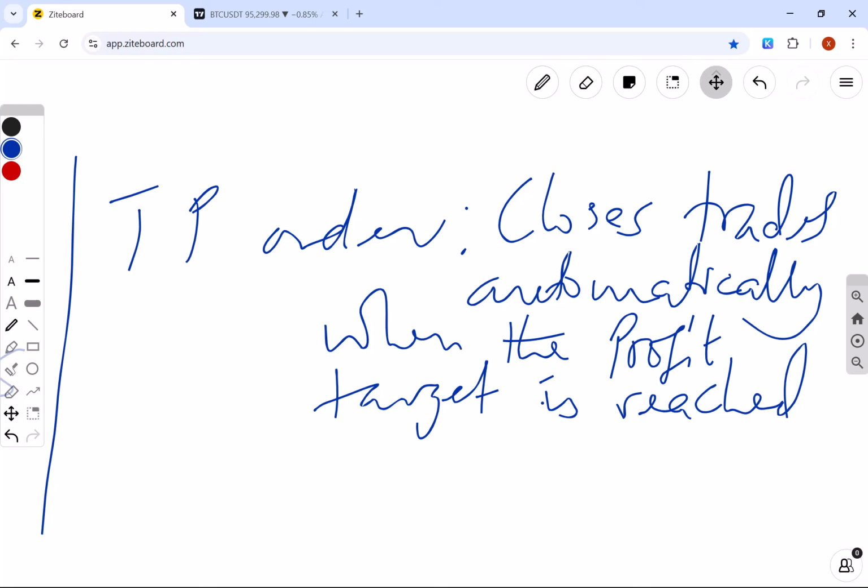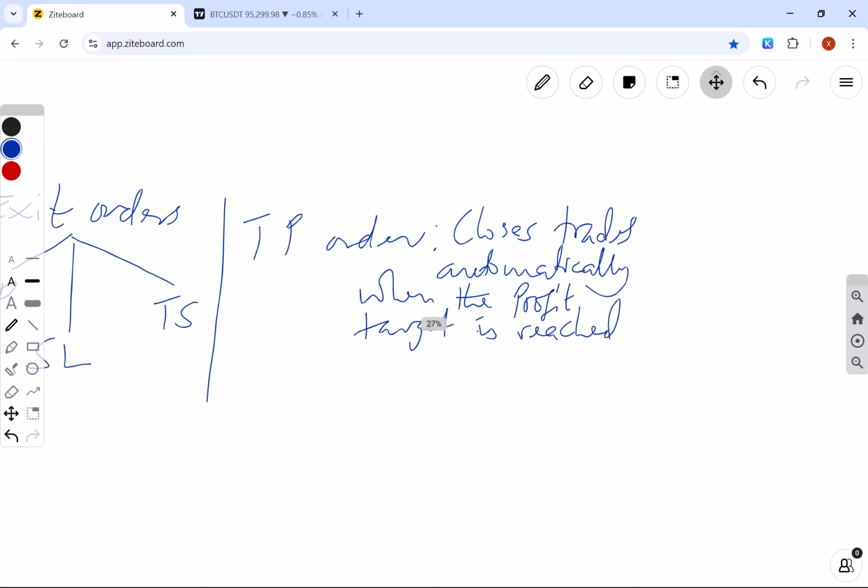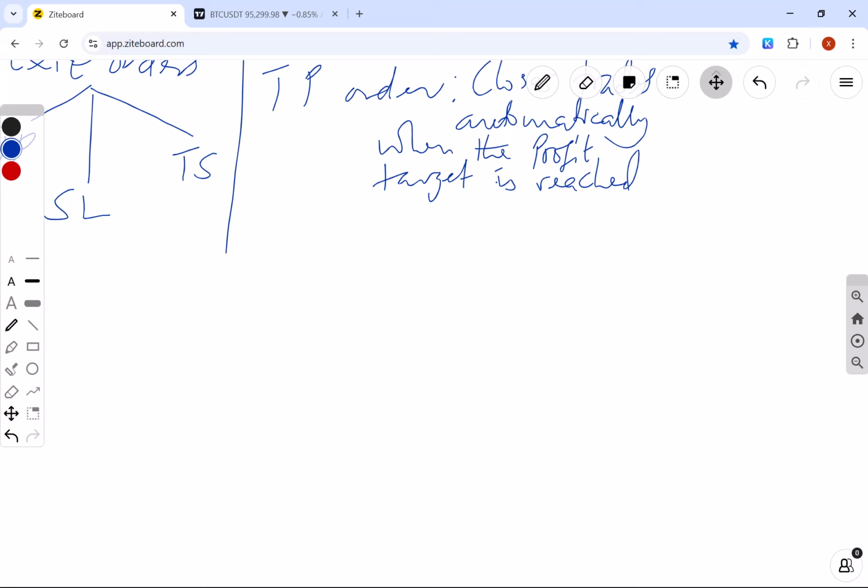Now, when we take the SL or stop loss order, we are looking at an order that automatically closes a trade when a predetermined price is reached, to limit losses.